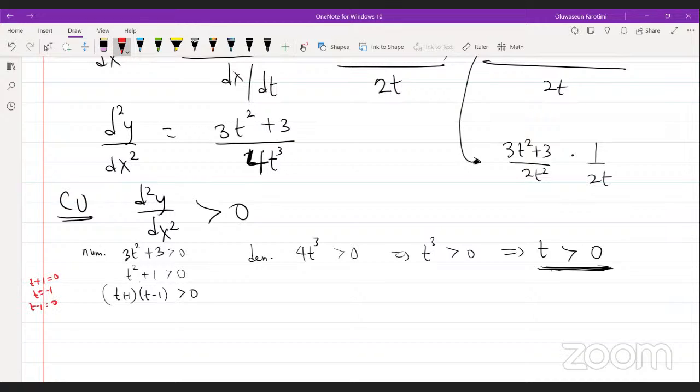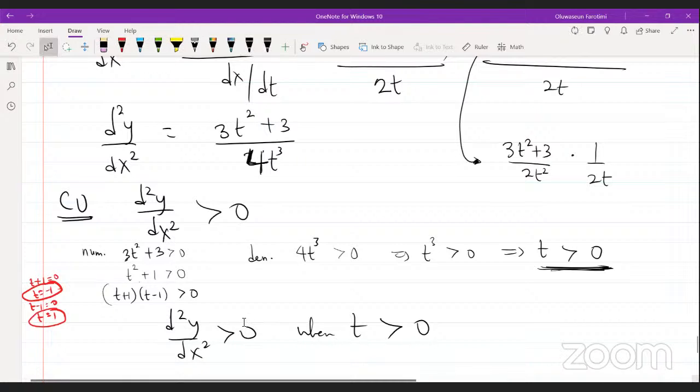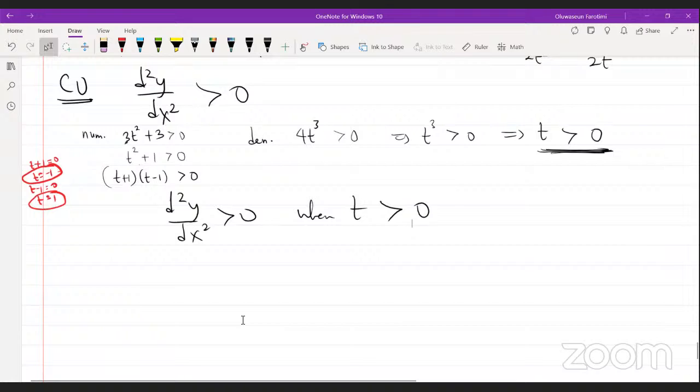If t minus 1 equals 0, then t is 1. If t equals negative 1, plug it in and there's a problem, because negative 1 cubed is negative, so this is going to be a negative number, and we don't want that. When t equals 1, it's going to be positive. So t is greater than 0. Very basic intuitive idea.